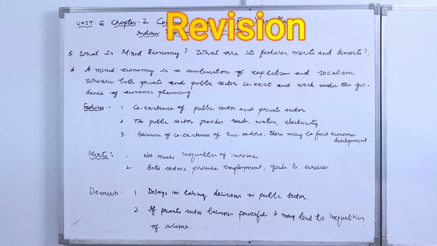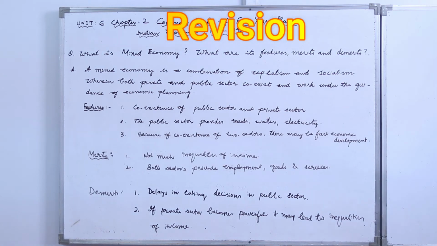So we read it once again. What is a mixed economy? What are its features, merits and demerits? A mixed economy is a combination of capitalism and socialism, wherein both private and public sectors coexist and both work under the guidance of economic planning. The Indian economy is the best example of a mixed economy.